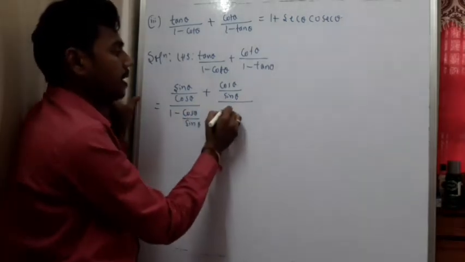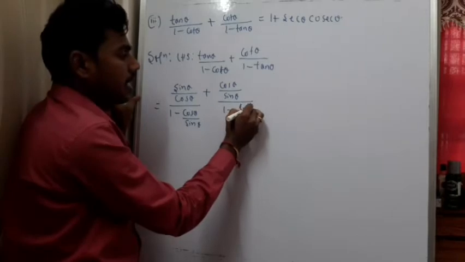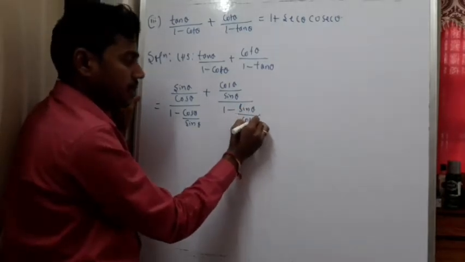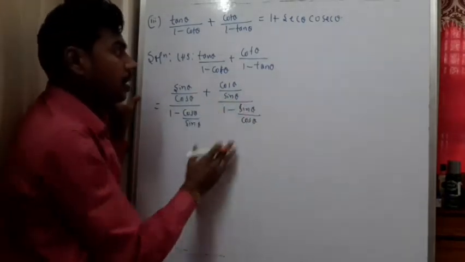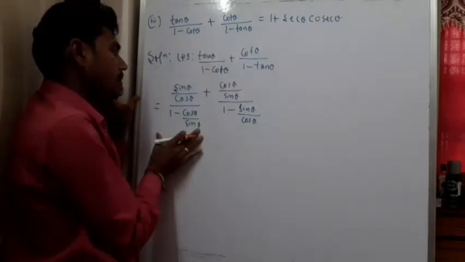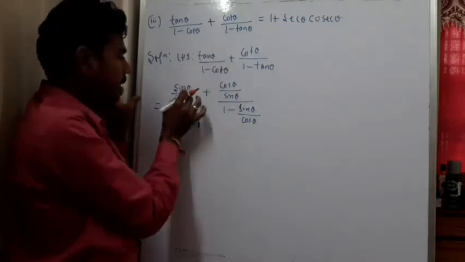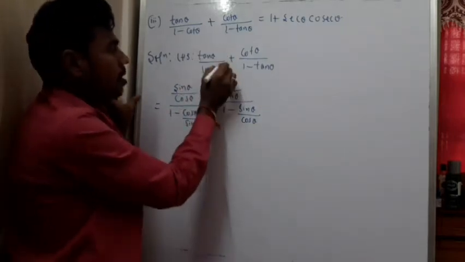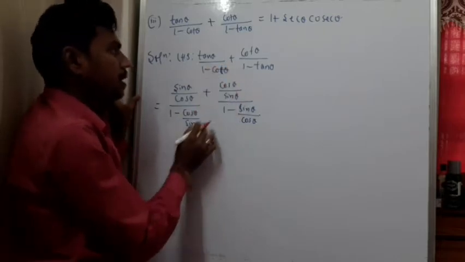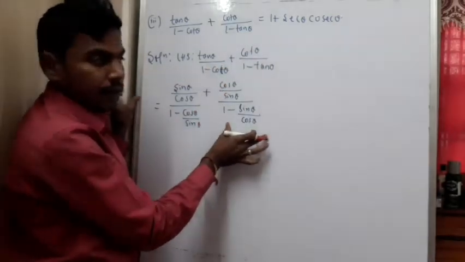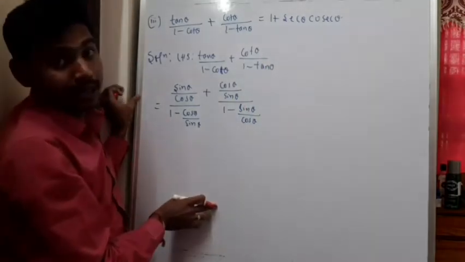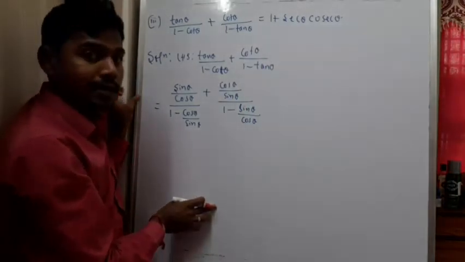For this, we can write it as 1 minus sin theta divided by cos theta. Separately you need to write. You need not club this. I have expressed tan theta as sin theta by cos theta, cot theta as cos theta by sin theta. Similarly, I have expressed cot theta in terms of cos theta and sin theta, and tan theta in terms of sin theta and cos theta.